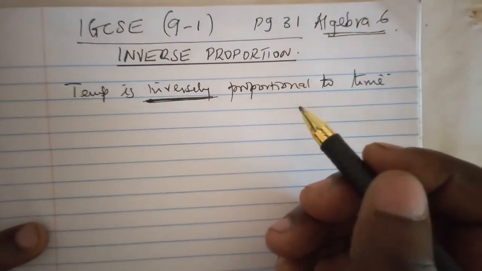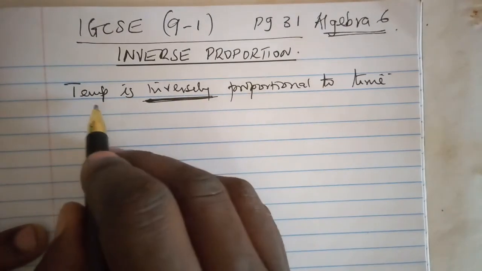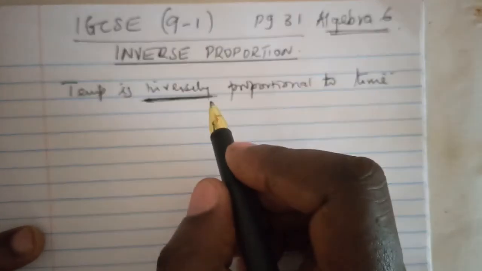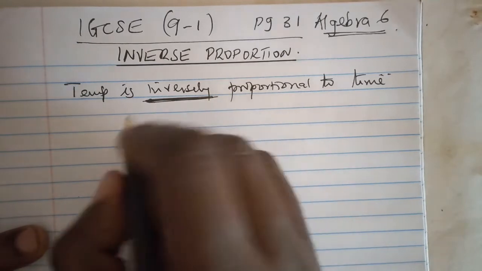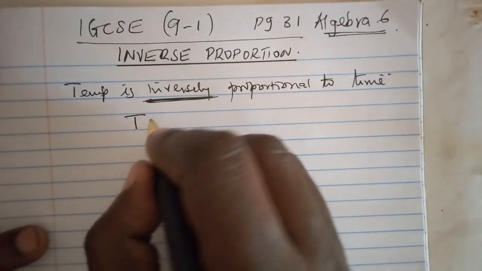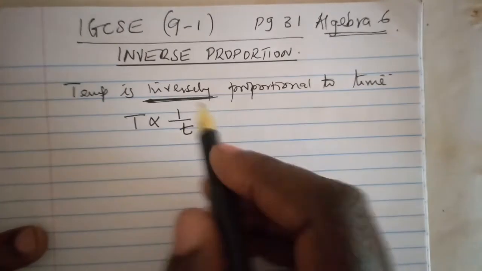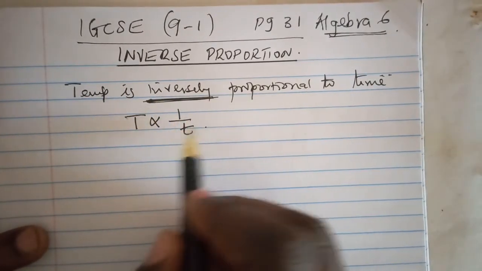It must be understood as such. This temperature T is inversely proportional to time. Inverse brings about the aspect of reciprocal. So the temperature T is inversely proportional to time. This is what we associate inverse with, reciprocal.